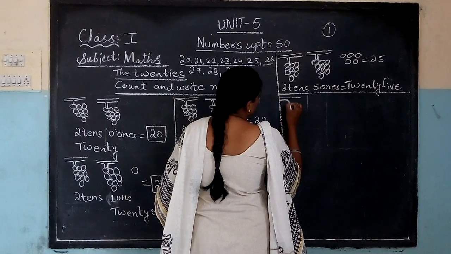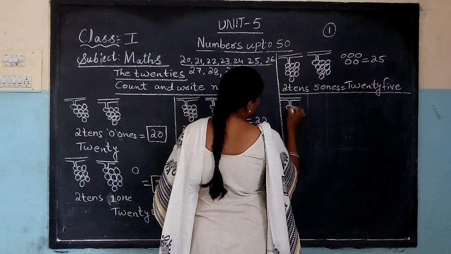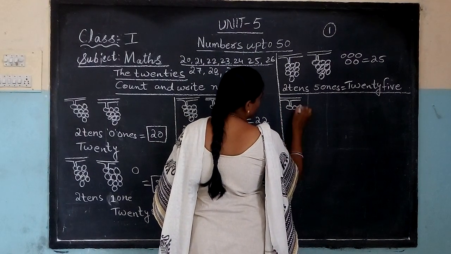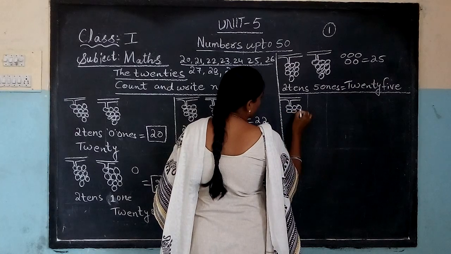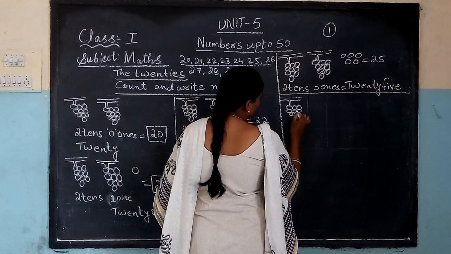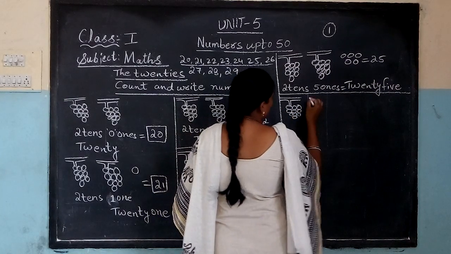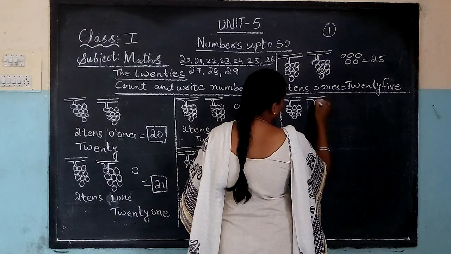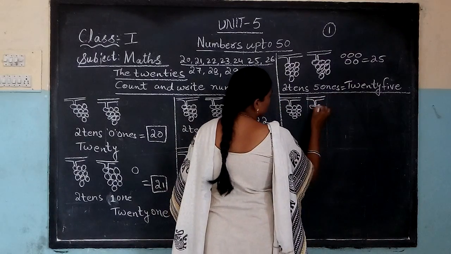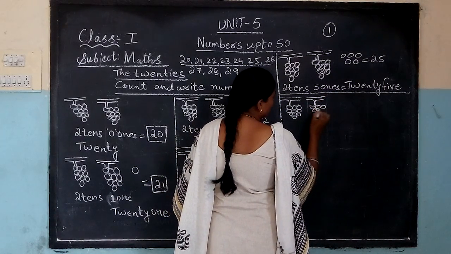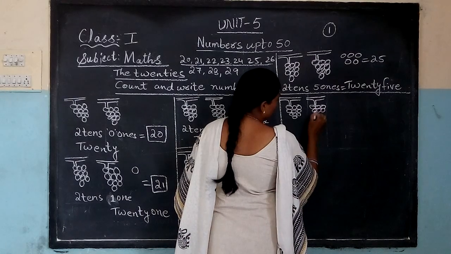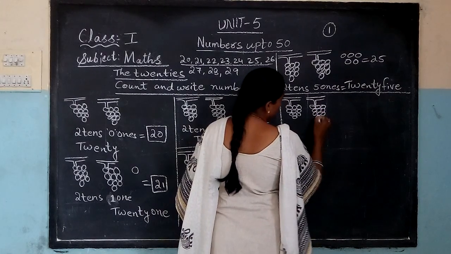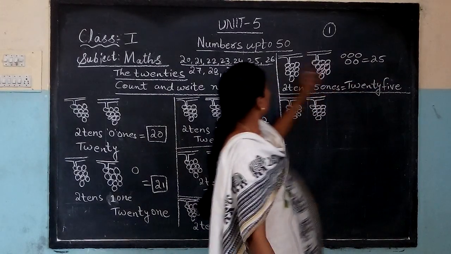Next number after 25 is 26. Take one bunch of grapes. In that 10 will be there. 1, 2, 3, 4, 5, 6, 7, 8, 9, 10. And one more bunch. In that also 10 will be there. 1, 2, 3, 4, 5, 6, 7, 8, 9, 10. 20 completed.